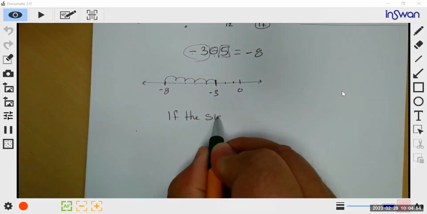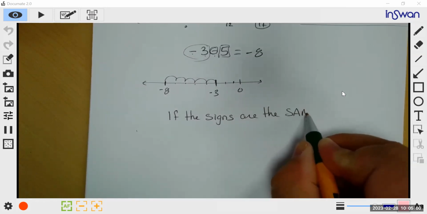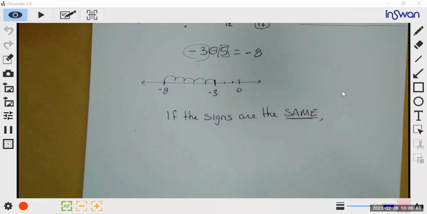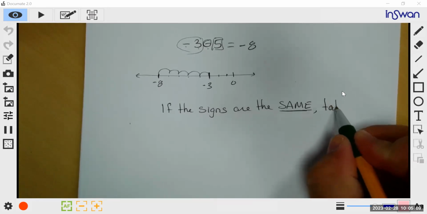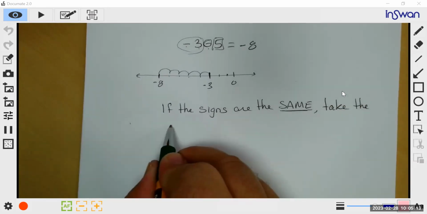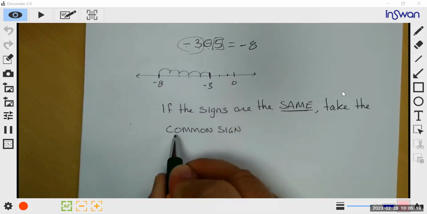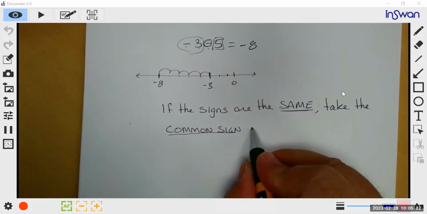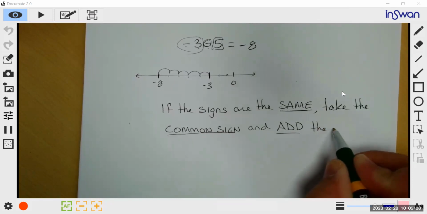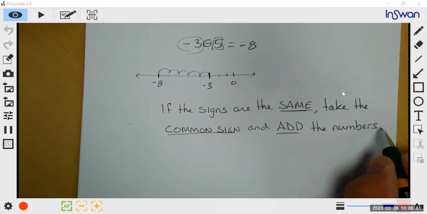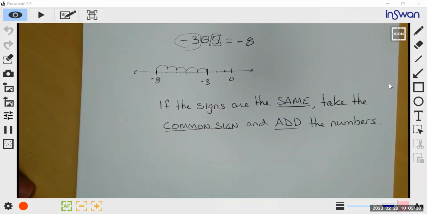If the signs are the same, take the common sign and add the numbers.